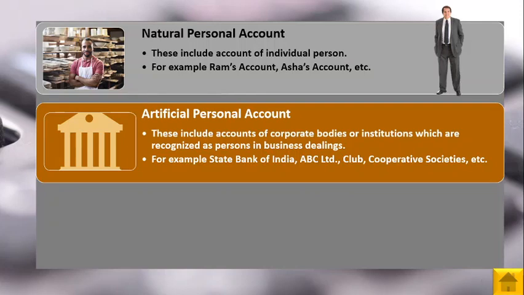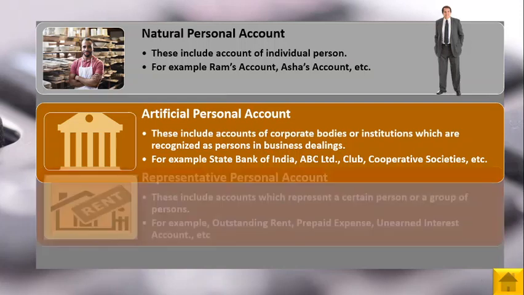So they are again artificial personal accounts. You can see State Bank of India, ABC Limited, clubs, cooperative societies, all these are artificial personal accounts.